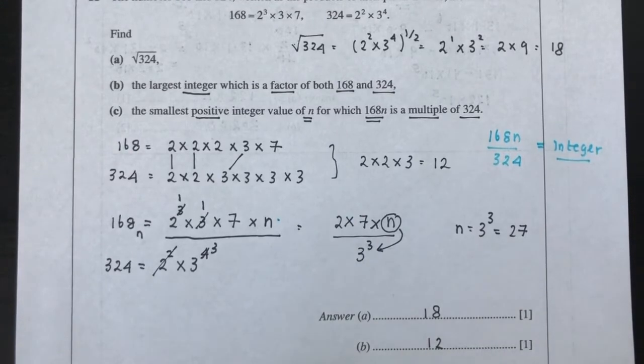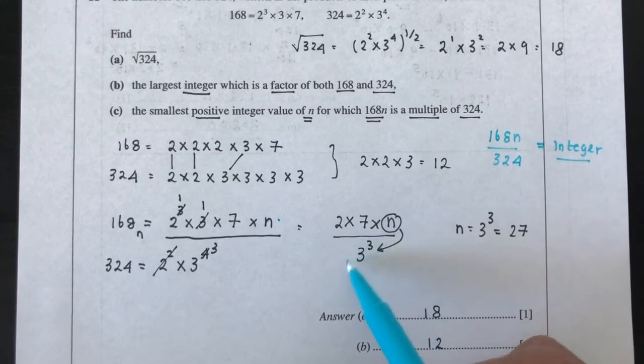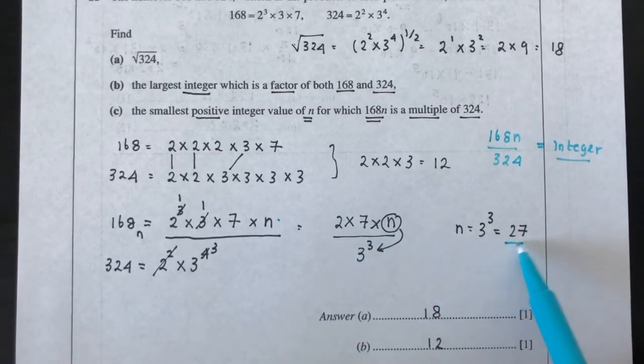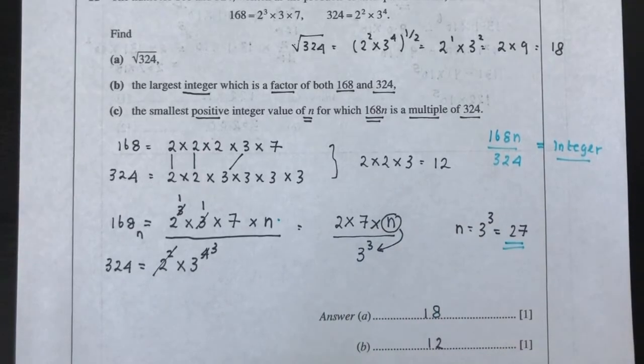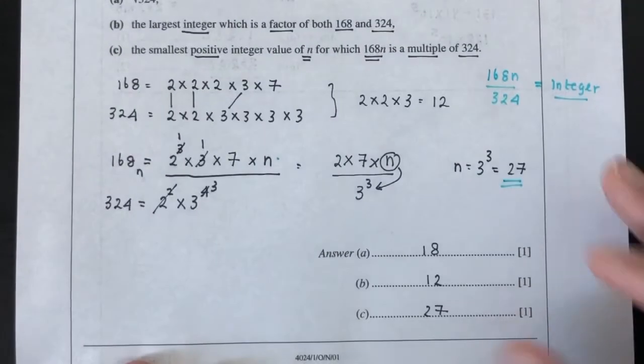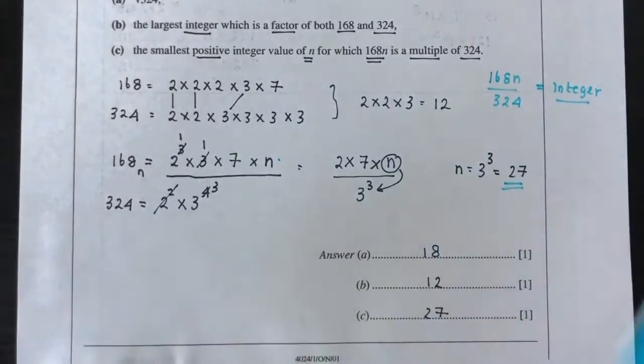But now, for it to be divisible, you realize that n has to be this number, so n has to be 27, so that we can cancel those two, and you will obtain a whole number or an integer as your answer. That's why we conclude n has to be 27. Okay, that will be question number 11.